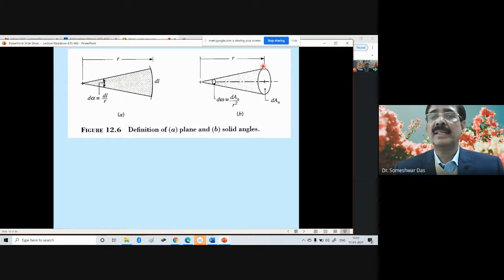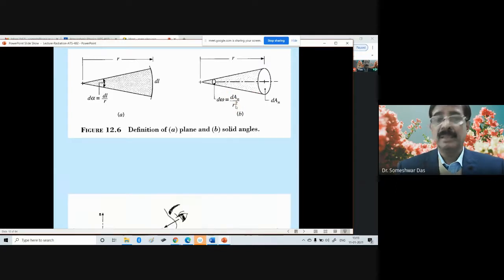So these are the solid surfaces, and this angle d omega is the solid angle given by dAn, where dAn is the solid surface area, divided by r square. Okay, r is the distance. The difference between the plane angle, which is d alpha equal to dl by r, and the solid angle, which is d omega equal to dAn by r square.